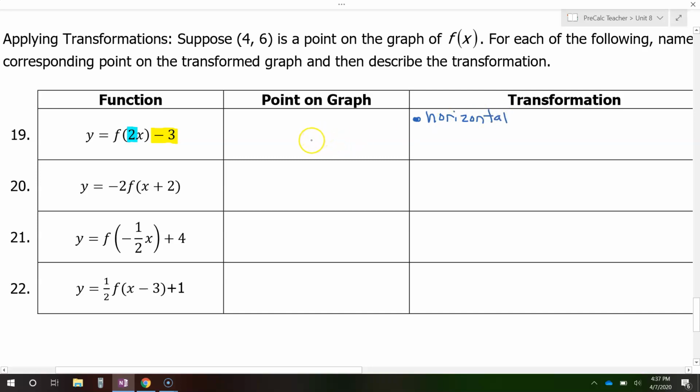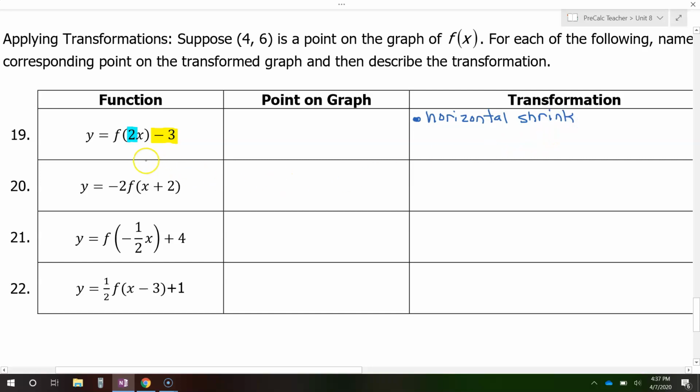All right, now is this going to be a horizontal stretch or a horizontal compression? Everything in here is going to be the opposite of what it looks like. So you would think it would be a stretch because it's bigger than 1. But it will actually be a compression, or we can just call it a shrink because that's a shorter word.